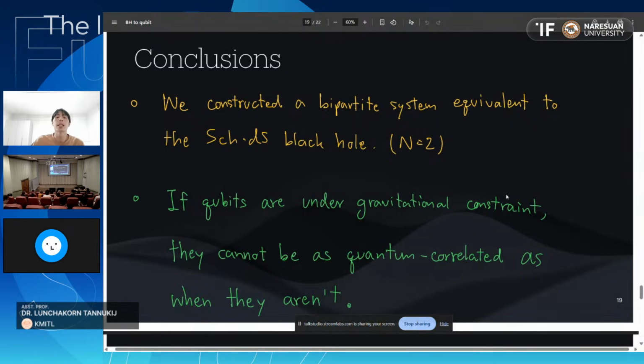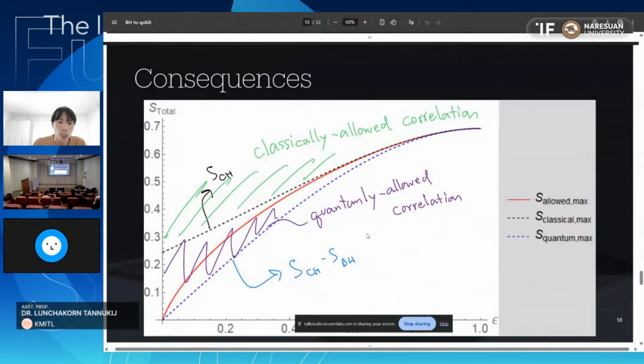And it seems like we are talking about qubits, and if that qubit somehow represents some effect from the gravitational side, maybe that's why we can see this red line, which is not the blue line, right?